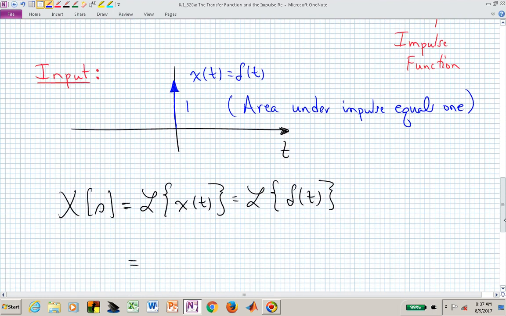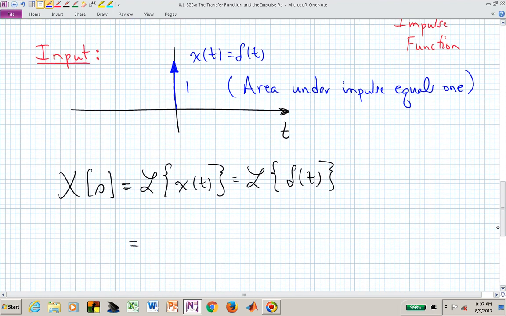What we want to do then is remind ourselves of what the Laplace transform of this impulse looks like, just so that we're all on the same page. Remember, the area underneath that impulse, if we integrate it across t equals 0 in the time domain, equals 1.